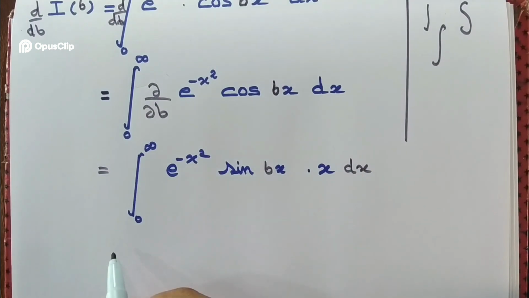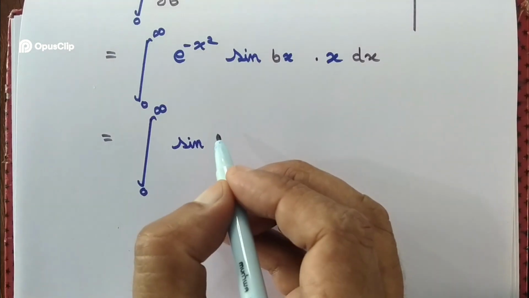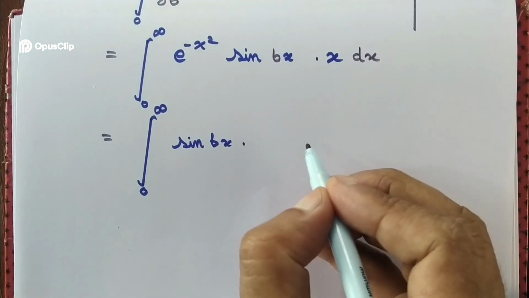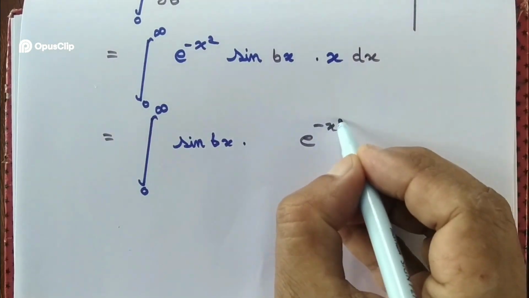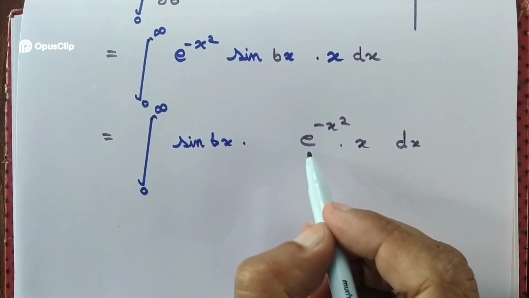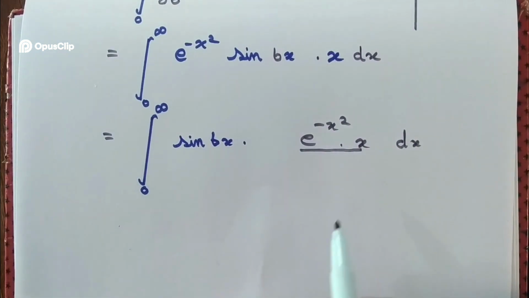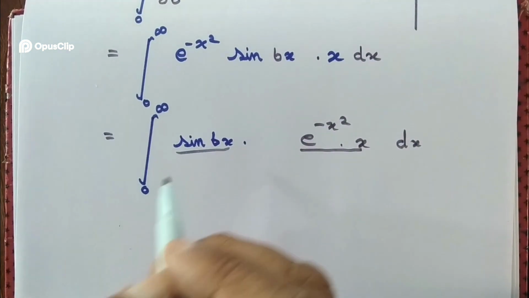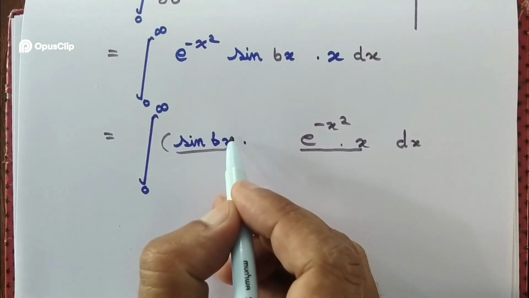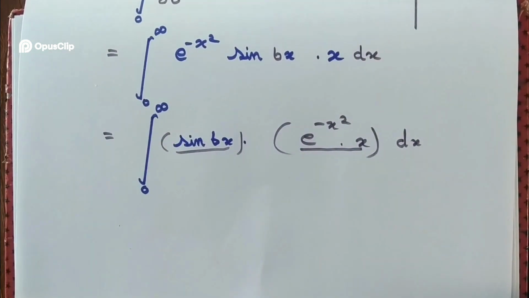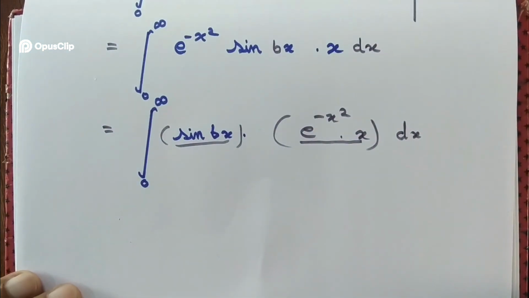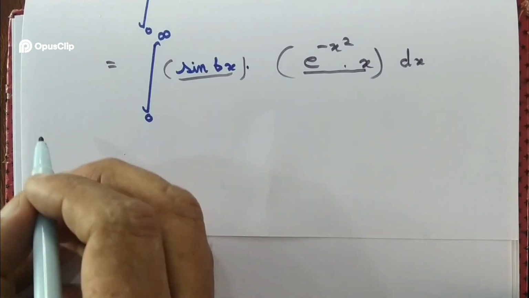Now let's rewrite this expression as integral 0 to infinity sin bx times e to the power minus x square times x dx. Now you see that I can regard this as the second part and this one as the first part, and we can evaluate by integration by parts. So we can regard it as a product of two functions. Can we evaluate the integral of e to the power minus x square times x dx? Of course, yes.